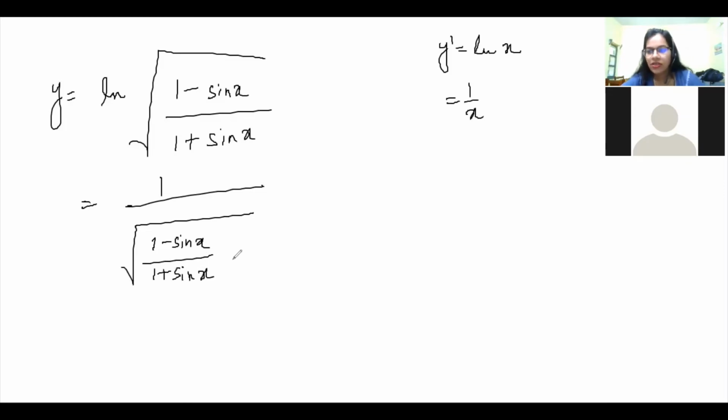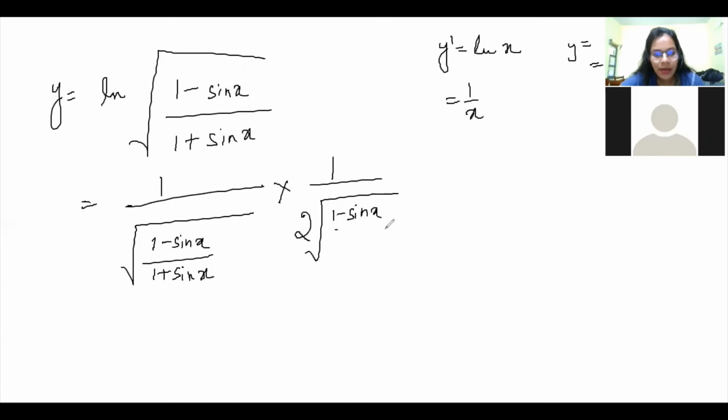Okay, so this is the first part. The second part is of this entire thing. So what was the entire thing you have to do? Remember, y is equal to root x means y dash is 1 by 2 root x, right? So here again this will become 1 by 2 root of (1 minus sin x) by (1 plus sin x).